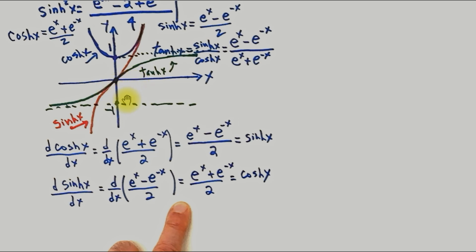Then, as you get larger and larger with x, you find that the sinh blends in with the cosh as they both become e to the x over 2, because the e to the minus x gets smaller and smaller. So they blend in, and they are essentially the slopes of each other because e to the x over 2 is the slope up here, and the graphs up here are e to the x over 2. So everything checks out nicely.